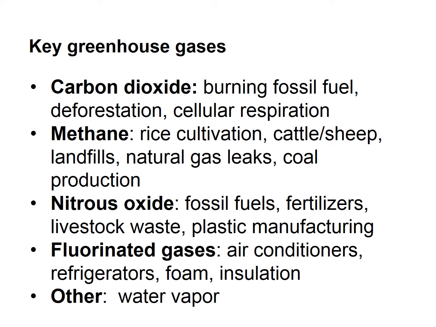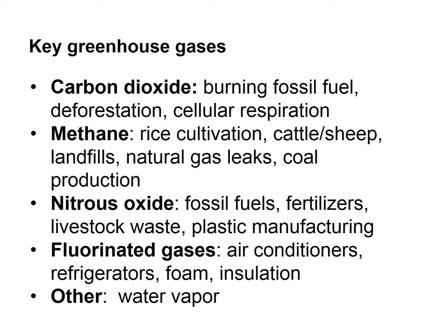So think about that, make sure that makes sense. Methane, so methane can come from landfills, cattle and sheep, remember they burp out methane, natural gas leaks, things like rice cultivation, nitrous oxide, also from fossil fuels, from fertilizer use, livestock waste, and plastic manufacturing.